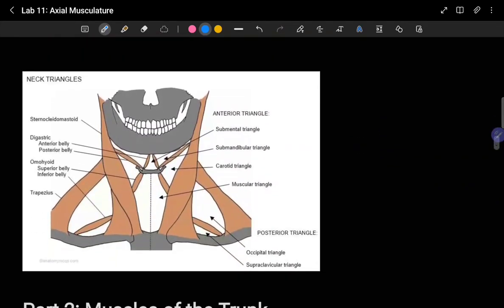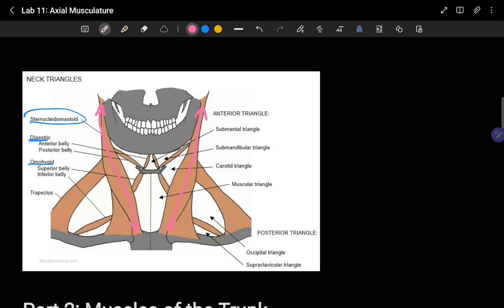Here's a slightly different perspective. So one of the more confusing things for students is when we talk about these weird muscles that sling around. So things like our digastric and our omohyoid that have two bellies. So this is just a different perspective. I always recommend using the sternocleidomastoid to orient yourself. So this is a really prominent muscle defining that boundary of the anterior triangle.